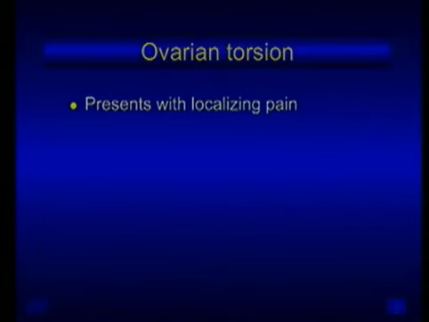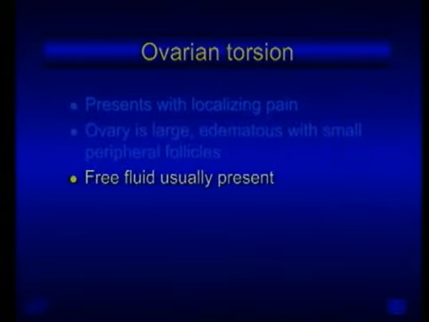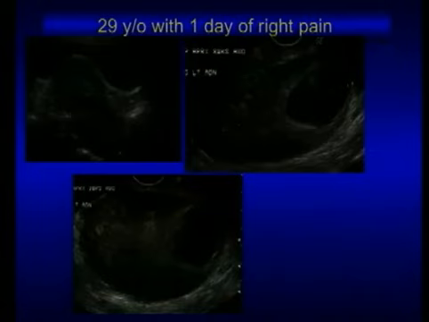Ovarian torsion: localized pain with a large edematous ovary, small peripheral follicles, some free fluid, and impaired or absent blood flow. Here is a patient, 29 years old, 1 day of pain, transabdominal scan, normal uterus, enlarged mass with a cystic area.